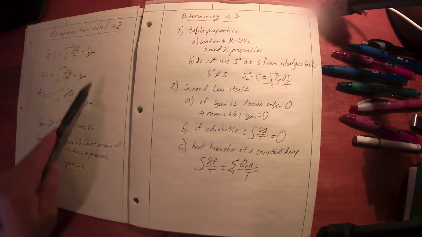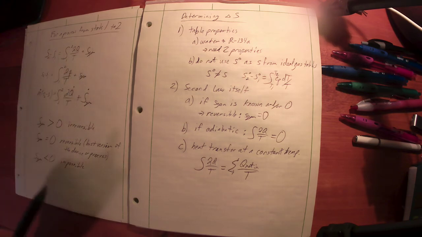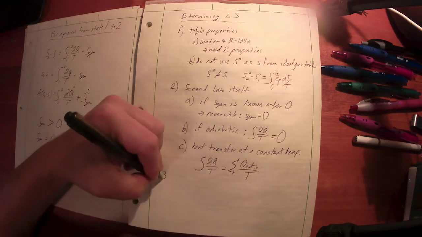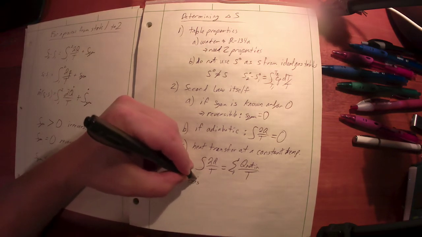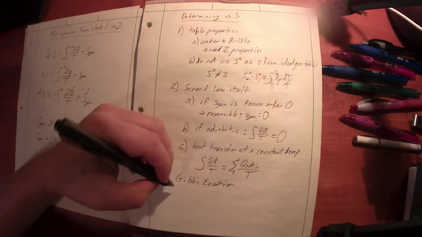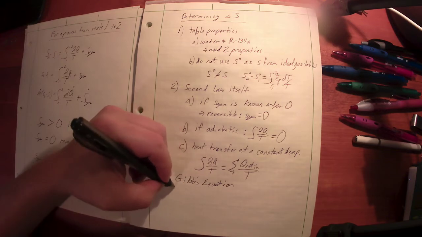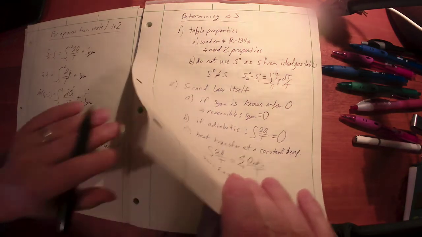If I can quantify the right-hand side of the second law, that allows me to determine delta S. The third tool that I have for determining delta S is what we call the Gibbs equation, which in its rawest form is a differential equation, and we did some integration and substitution for two main scenarios.